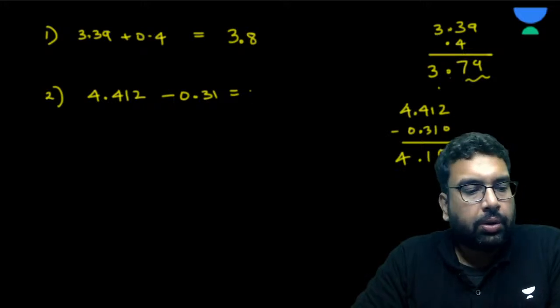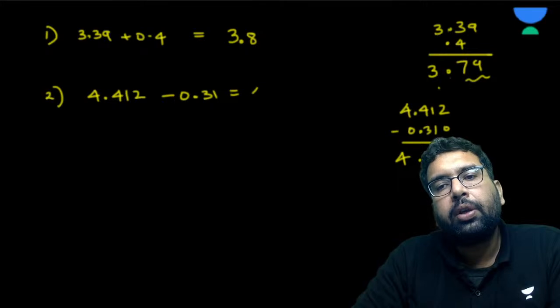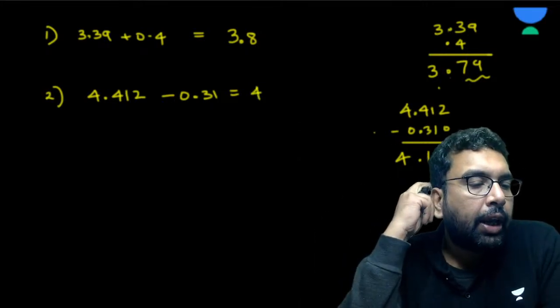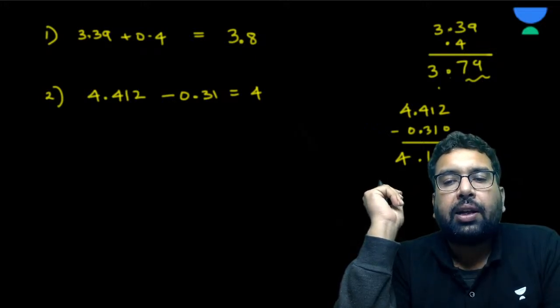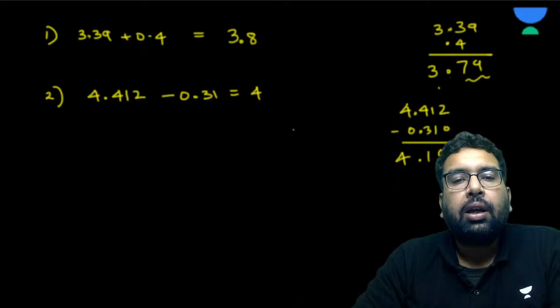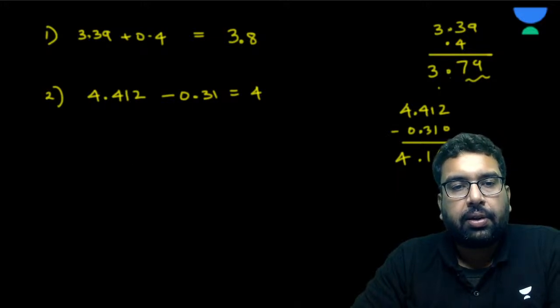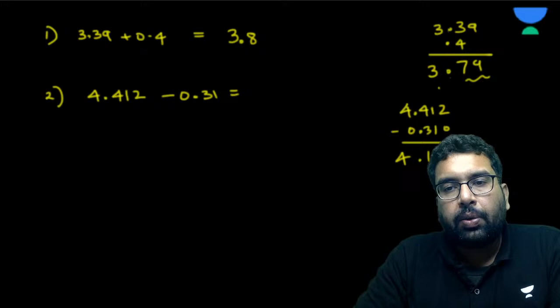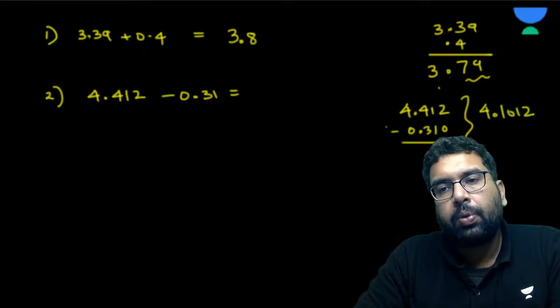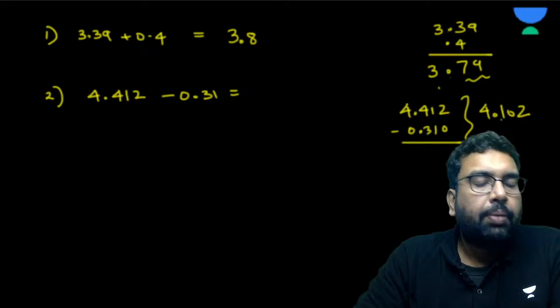So what must we do, sir? We must reduce it. This couldn't be the answer because we must have only two decimal places in the final answer, as the value with the least decimal places has two. When you actually subtract it, you get 4.102. But this couldn't be your final answer.